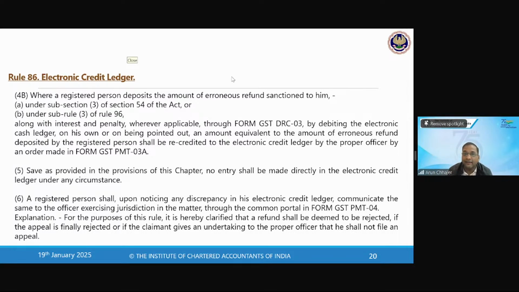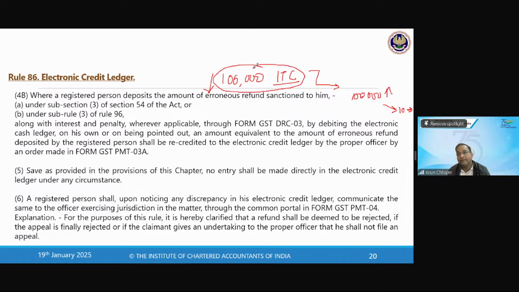1 lakh was my ITC, correct? I have applied for the refund. 1 lakh is converted, so 1 lakh ITC is being reduced and 1 lakh of cash is being increased, out of which I have given 10,000 back. Now, would I not need 10,000 again in the ITC?